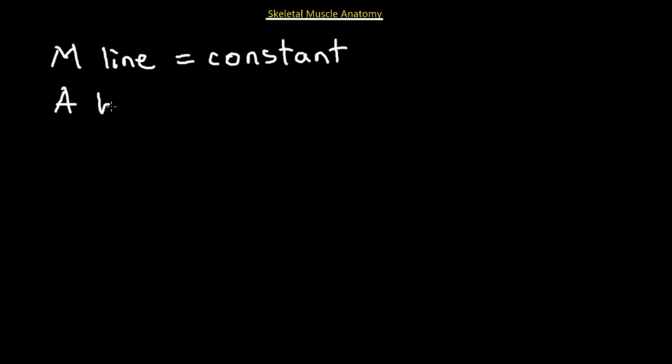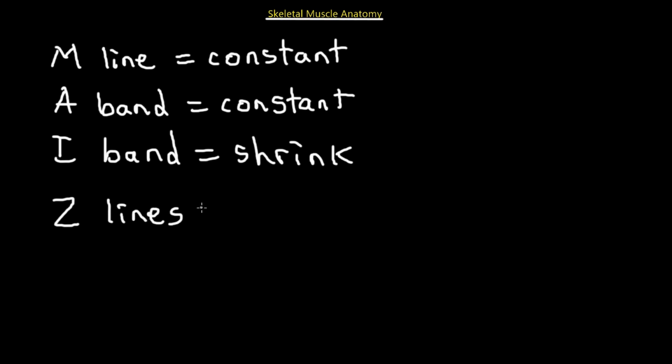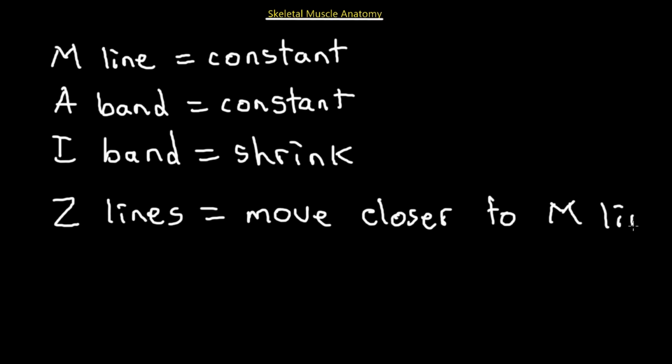The A band will be constant. The I band is going to shrink, so it'll get smaller. The Z lines will move closer to the M line. Finally, the H band is also going to shrink, just like the I band.